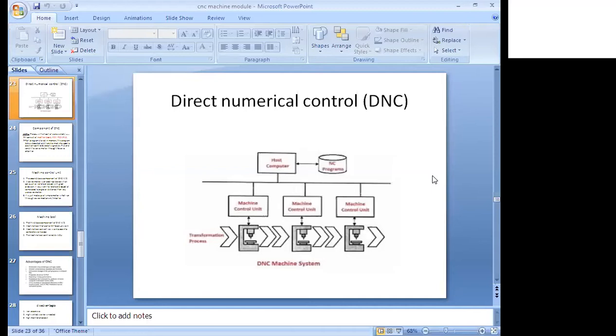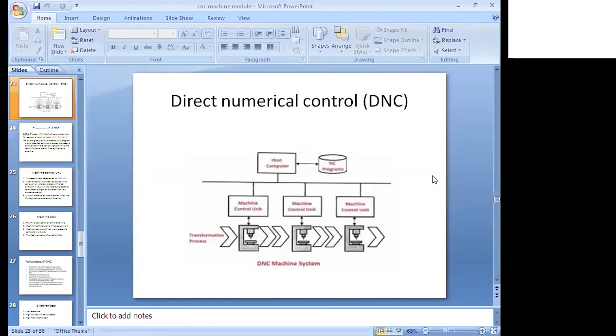In the previous classes I discussed two different machines. First, the NC machine, numerical control machine. In the first class I discussed the NC machine block diagram, components, advantages, disadvantages and applications, in the introduction class.